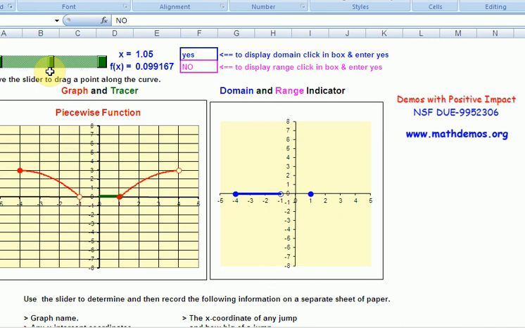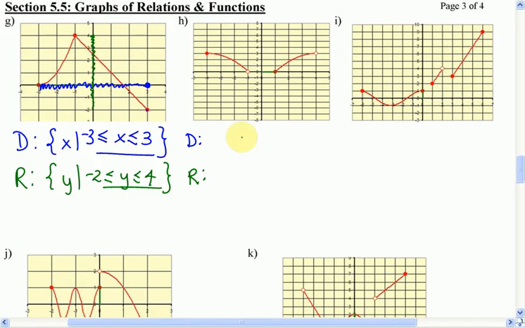Good. Now, how would I describe this part of my domain? X is between -4 and -1, but which one has the equal sign on it? The -4. So let's write that down first. This part here that we've done, I'll try and color code this. Blue, but open dot.